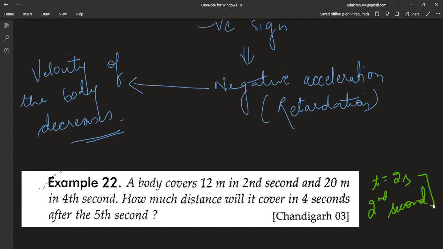So pay attention to it. Covers 12 meters in seconds and 20 meters in fourth second. This is fourth second. Again, likewise, there's a difference between t is equal to 4 seconds and t is equal to fourth second. Attempt it, try it, then I'll discuss.